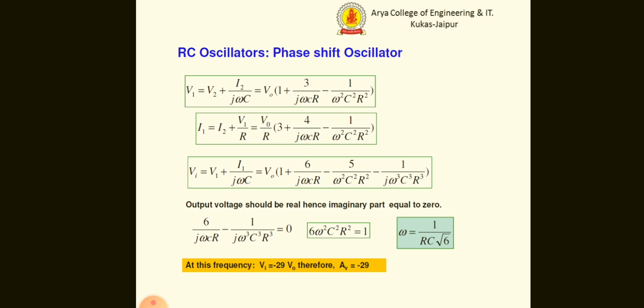At the last, we get the output frequency omega equals 1 upon RC under root 6, by putting the output voltage as real rather than imaginary. So we put the imaginary part equal to 0 and obtain the resonant frequency of the RC phase shift oscillator.